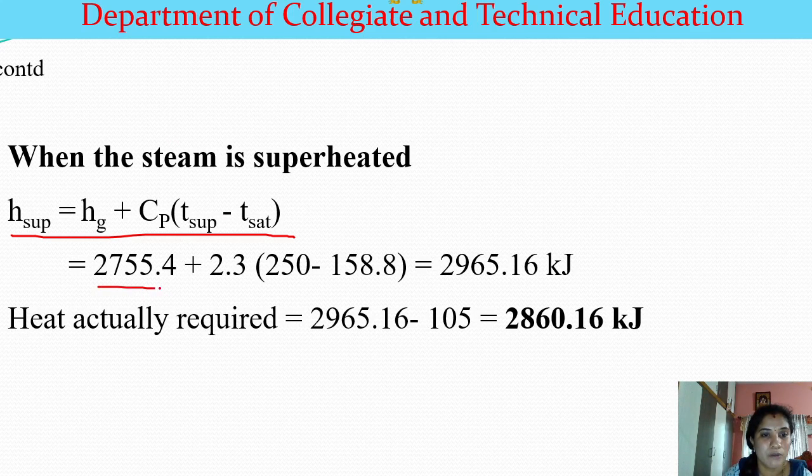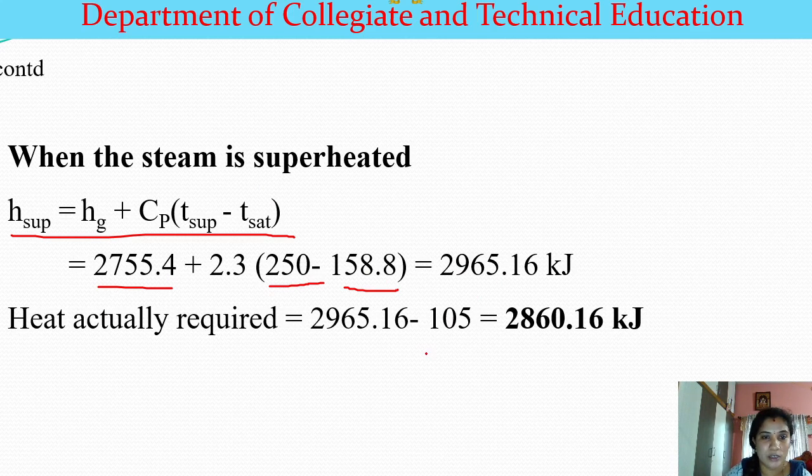So we know the value of Hg from the steam table. This is given in the problem itself. Again from the steam table, I'll find out the T saturation temperature.